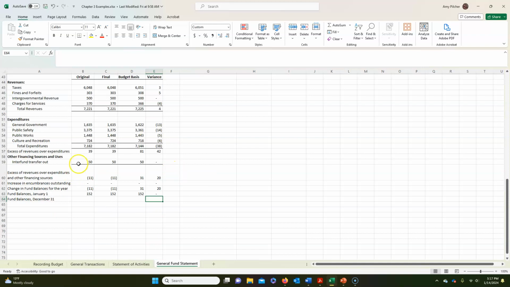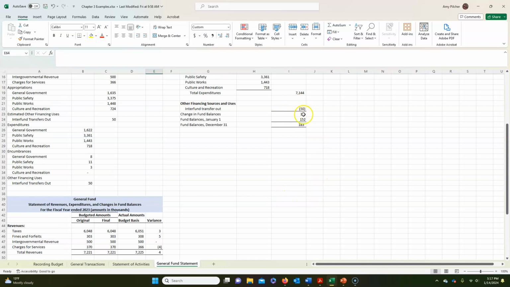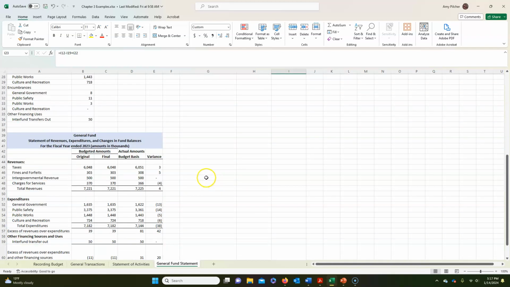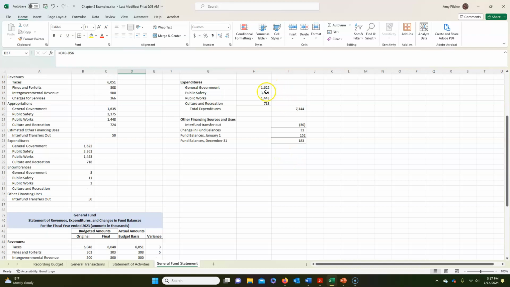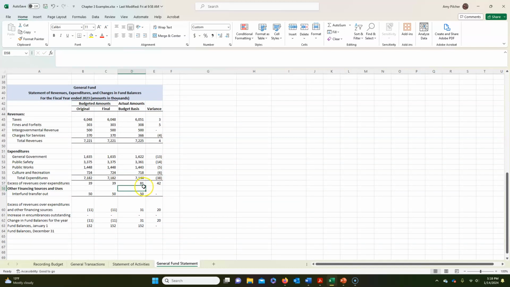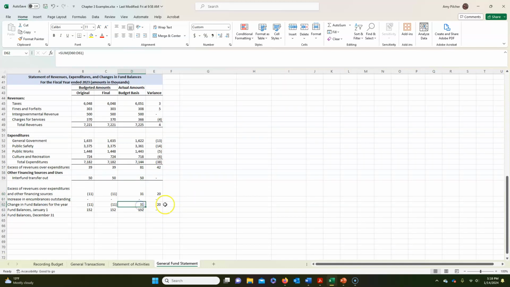Okay, and then looking at, now I'm seeing that because we should have ended up at a $31 difference, I'm trying to see what the difference here was between revenues and expenditures and why that is not matching the amount. Okay, 81 being 31. Yep. So then 31 here.